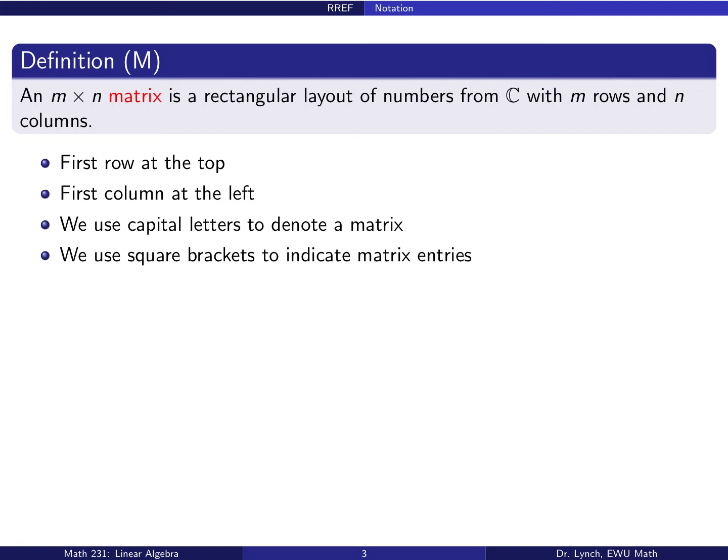Our numbering convention is that the first row is at the top and the first column is at the left, and these rows and columns are numbered from top to bottom, 1 to M, and from left to right, 1 to N respectively. Generally speaking, we use capital letters to denote a matrix, and we'll use square brackets in this course to indicate elements of a matrix.